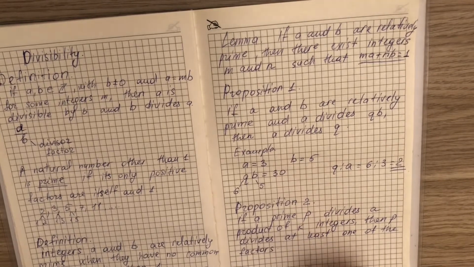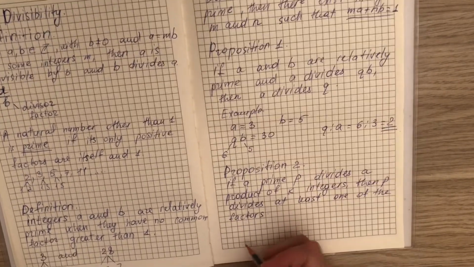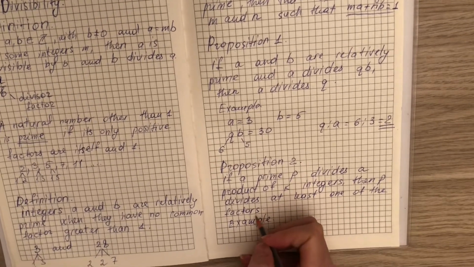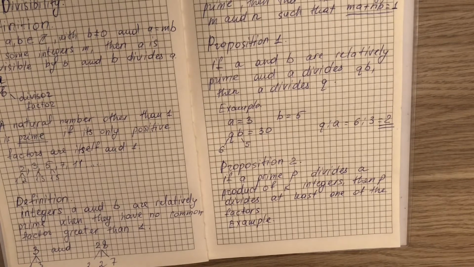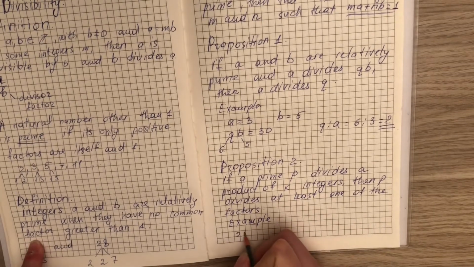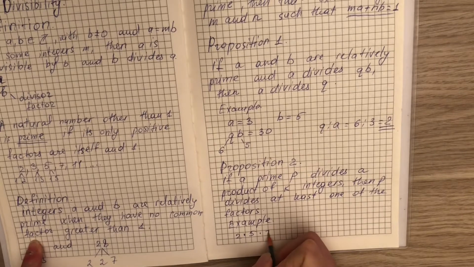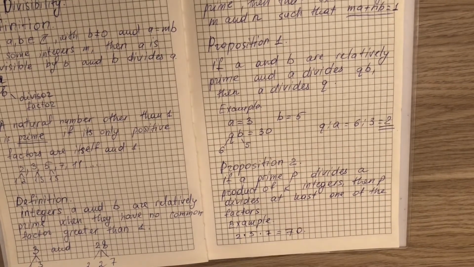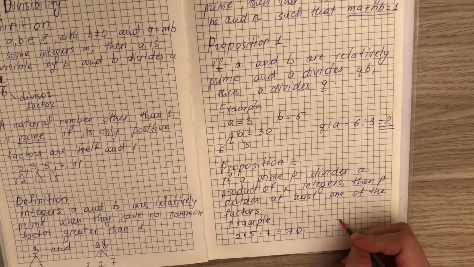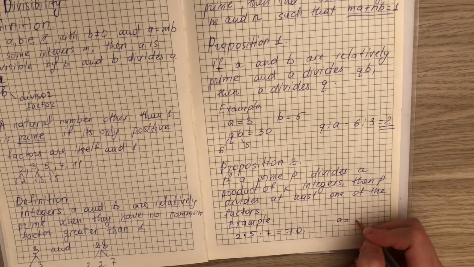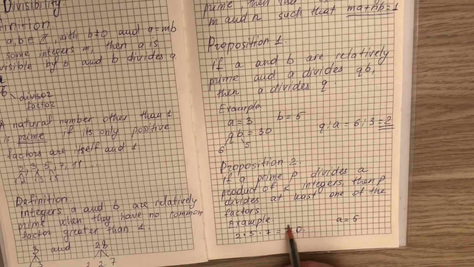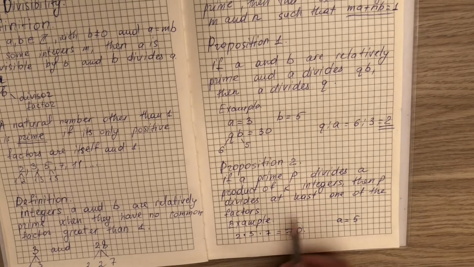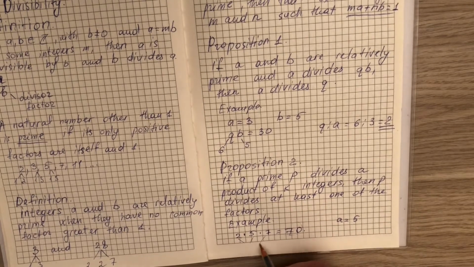What does it mean? Let's see an example. 2 times 5 times 7 is 70. Let a be 5. 70 is the product of k integers, here k is 3.